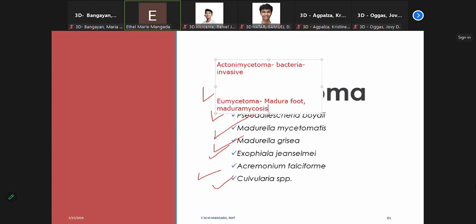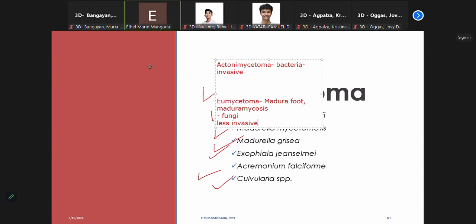So, of course, our causative agent is the fungi we mentioned, and it is less invasive compared to our bacterial counterpart, or the counterpart caused by bacteria, which is more invasive.